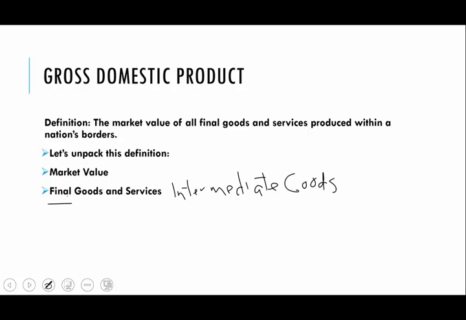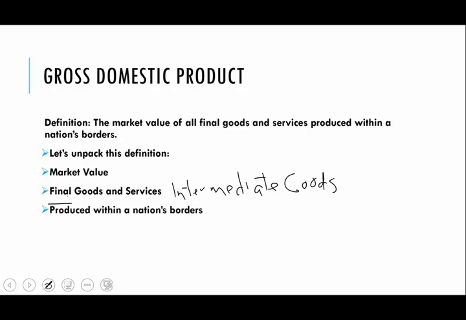So if the product itself will be resold, it's an intermediate good the first time, or the second time, or the third time, all the times except the last time. But if the good is used in production in a way that it won't be resold, such as the oven, it's then a final good. So just simply think of final, no matter who it's sold to, as simply the last time a product is sold.